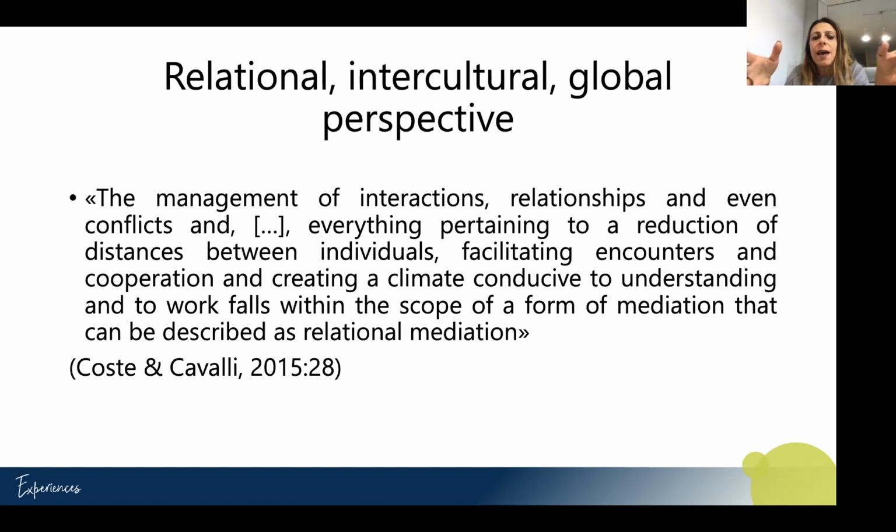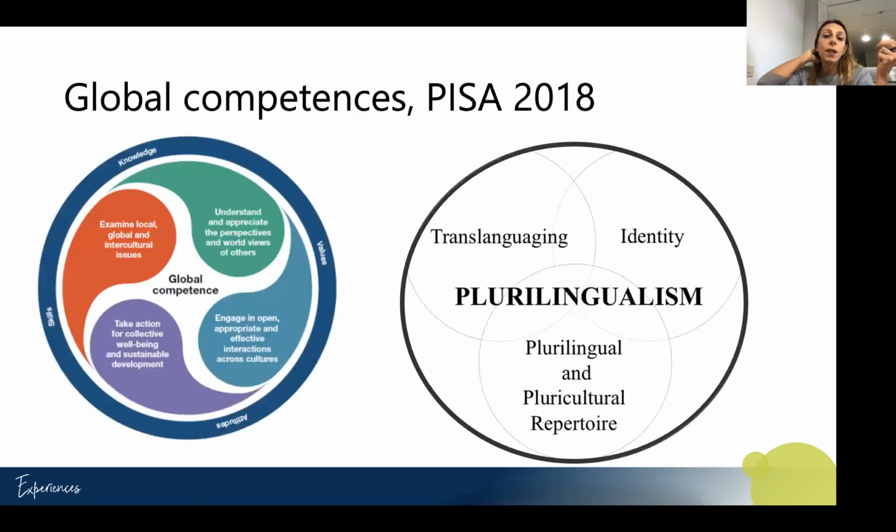And in particular, you have the management of interaction, relationship, and even conflicts, and everything pertaining to a reduction of distances between individuals, facilitating encounters and cooperation. So this is the scope of mediation, facilitating cooperation, facilitating relational mediation. And of course, this has to do with the global competencies. You may be familiar with the PISA 2018 framework on global competencies.